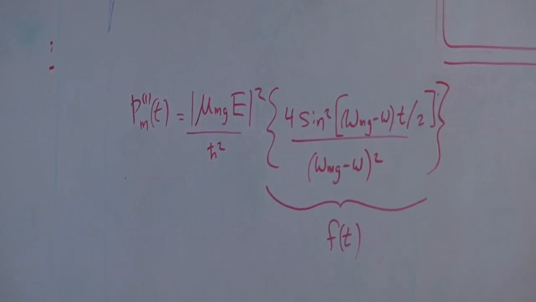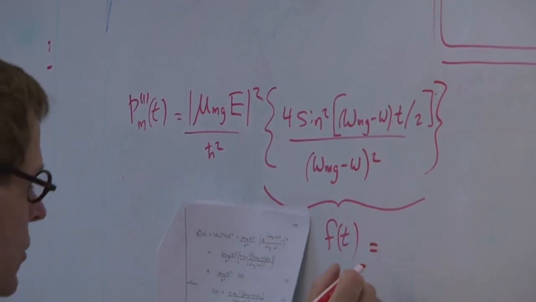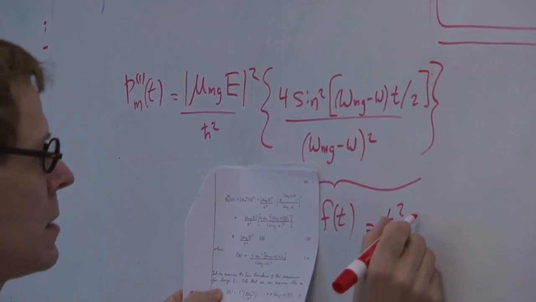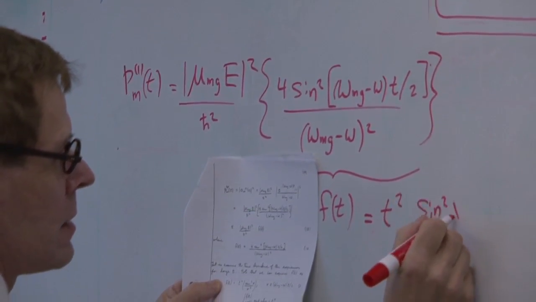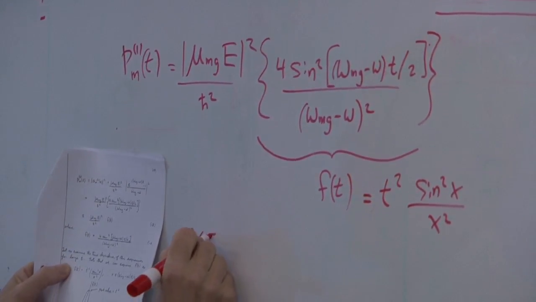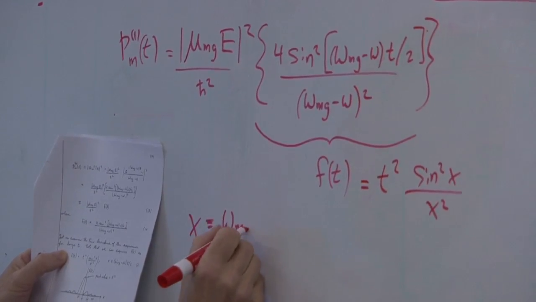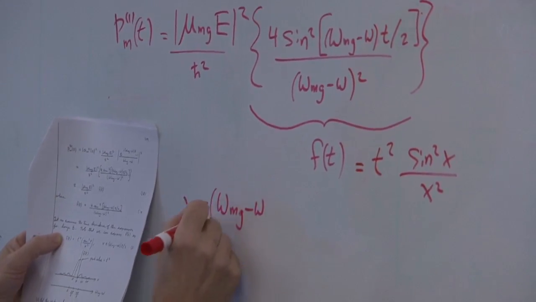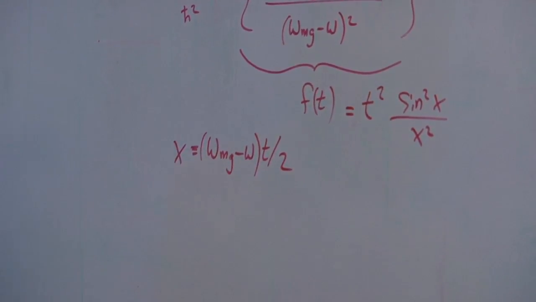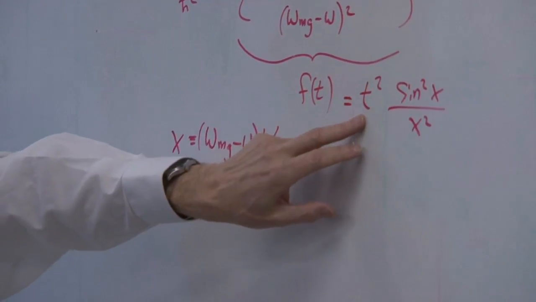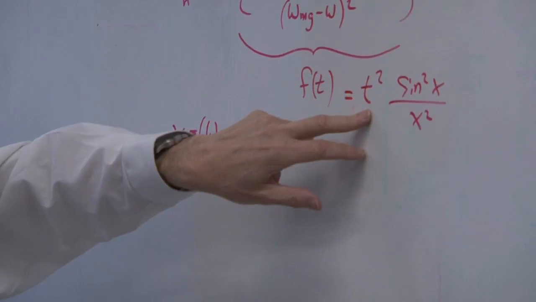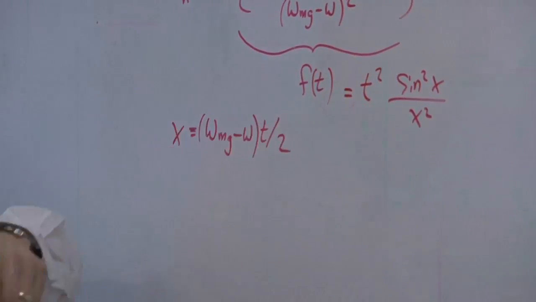So, actually, let's write this as t squared sine squared x over x squared, where we have defined x to be (omega_mg minus omega) times t over 2. Okay, so a dimensionless quantity, but overall a t squared dependence.